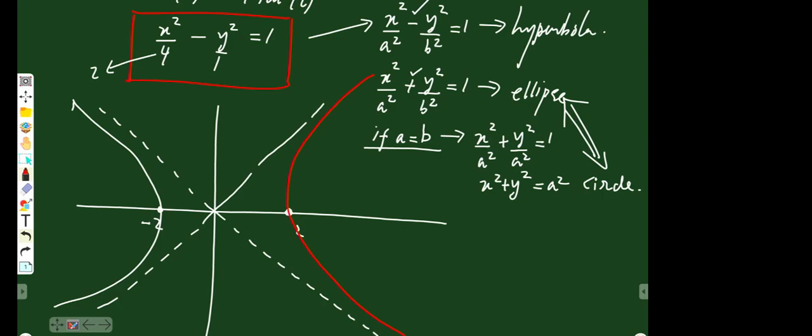So this line would be y is equal to x divided by 2, which you know how to extract from the hyperbolic equation. This one is y is equal to minus x divided by 2.